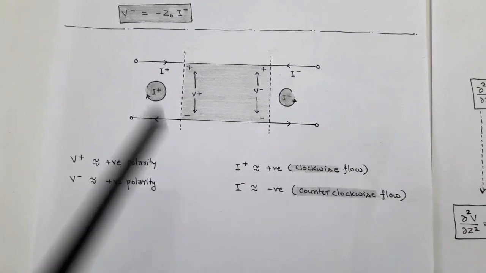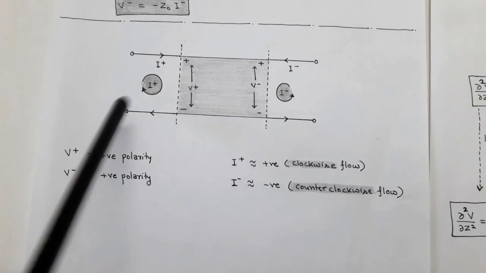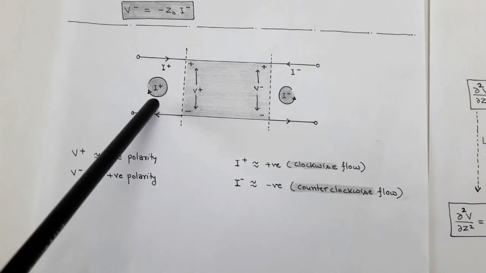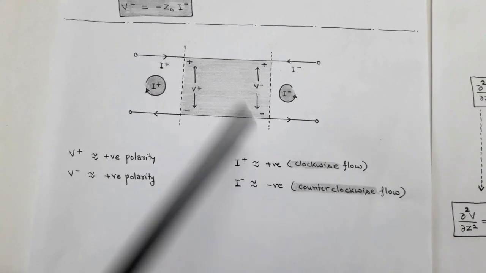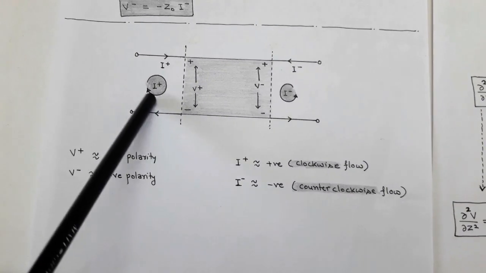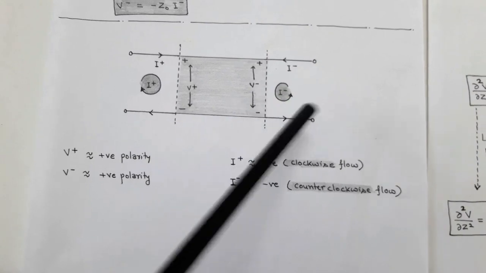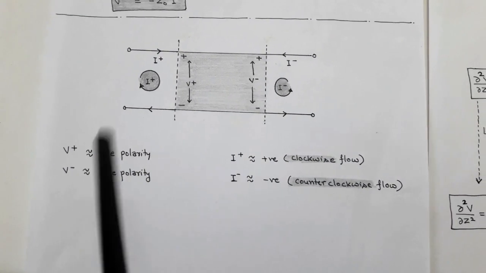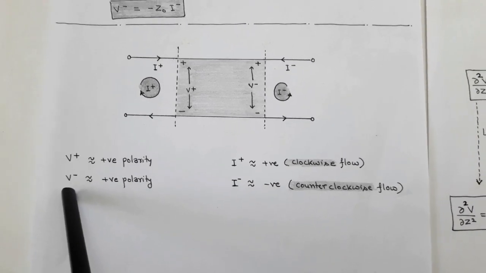Here we take V plus and V minus having positive polarity, and I plus having a positive value but I minus having a negative value. So we represent current I plus in the clockwise direction and I minus in the counterclockwise direction. The forward voltage and backward voltage have a positive polarity.